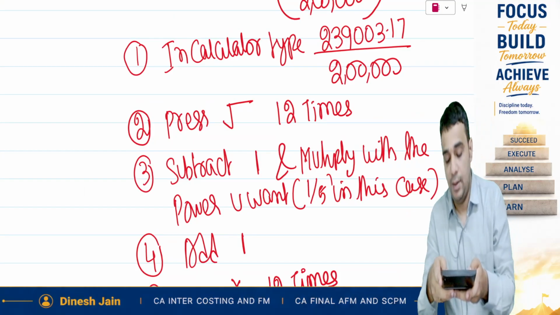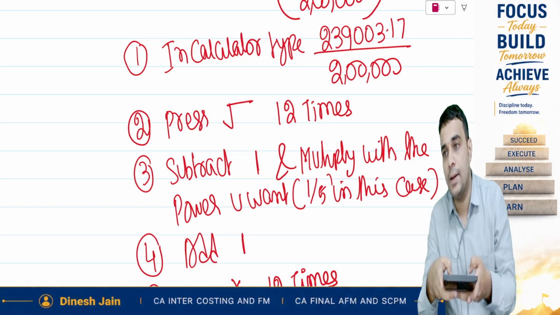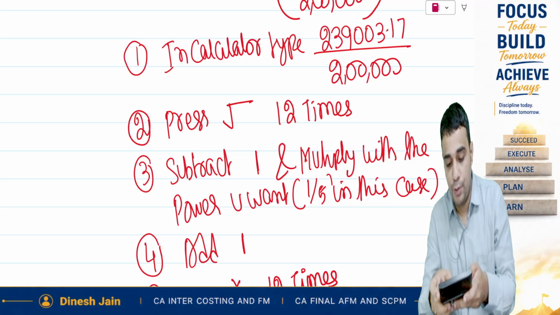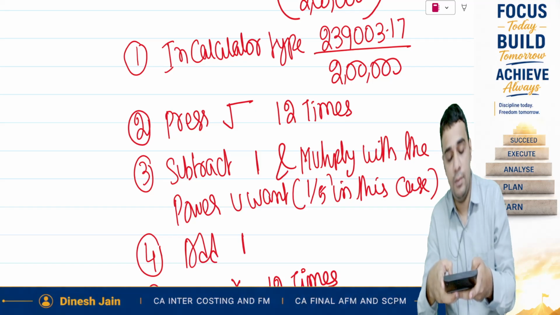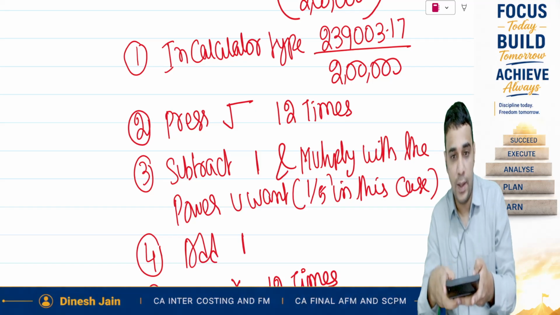239,003.17 divide by 2 lakh, take the square root 12 times: 4, 5, 6, 7, 8, 9, 10, 11, 12. Subtract 1, multiply with 1 by 5, add 1, into equal to 12 times.